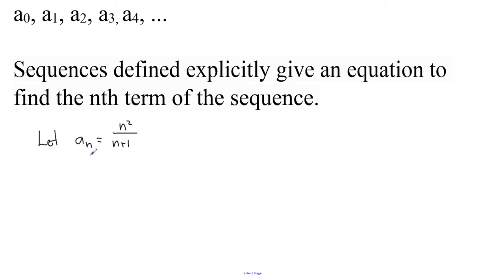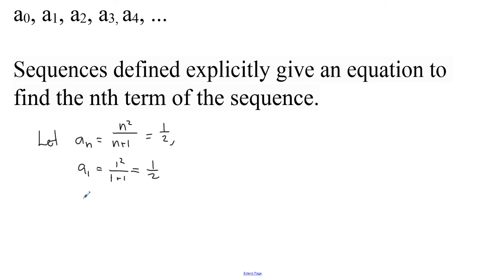And so if I want to have the first term, a sub 1 would be the first term, and all I do is I replace each n with a 1. So we got 1 squared over 1 plus 1. So the first term in this sequence is going to be 1 over 2, so a half. So there's our first term.